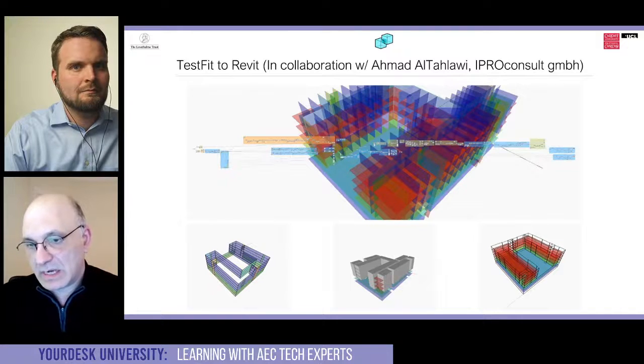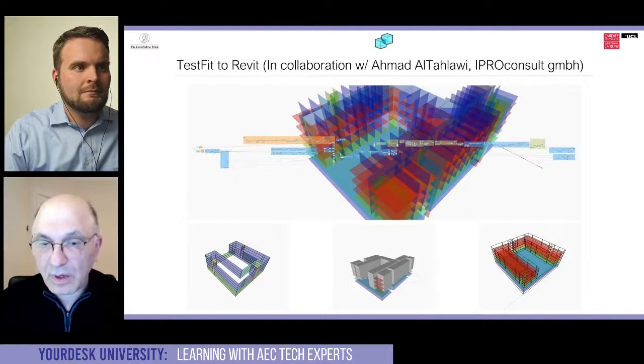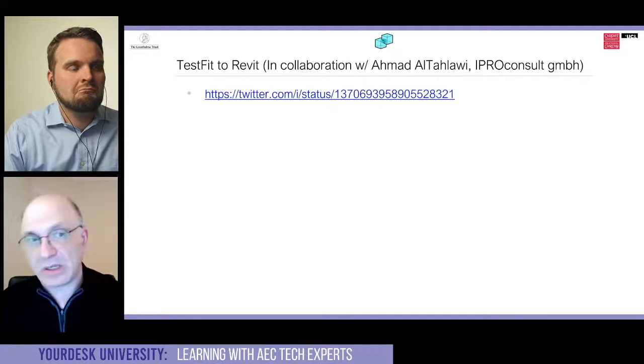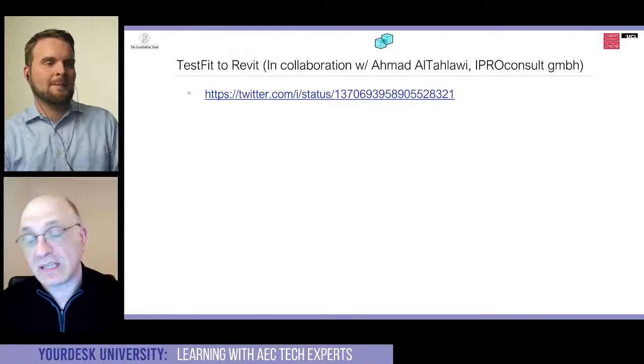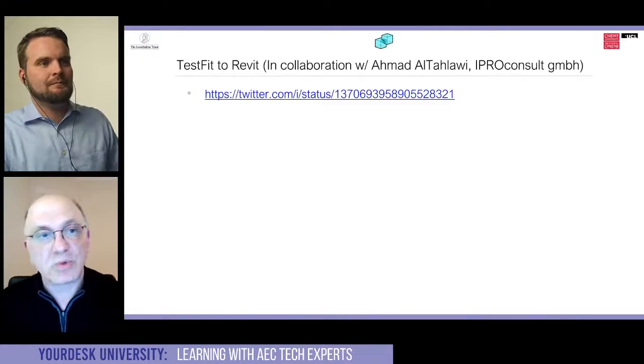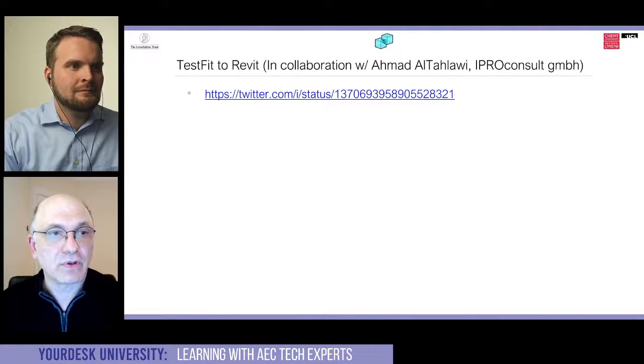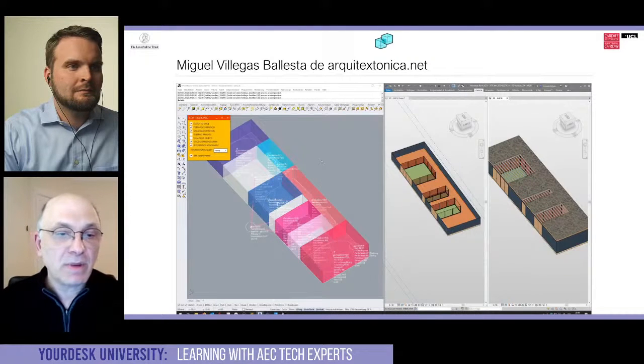We have it internally ready. I'm going to skip but you please look him up on Twitter. He's really fantastic, and we have some new projects that we're working on as well, trying to look for funding for those. And this is who I mentioned earlier, Miguel Velgas Ballesta.